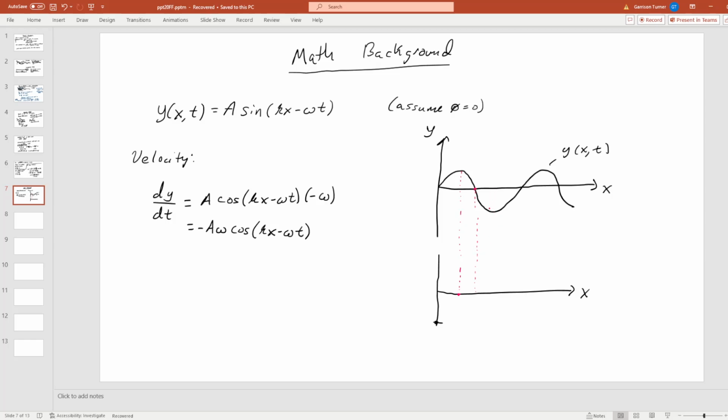Here, it's at the negative amplitude. Here, it's at 0. If my drawing were perfect, all of these would be evenly spaced, so use your imagination.